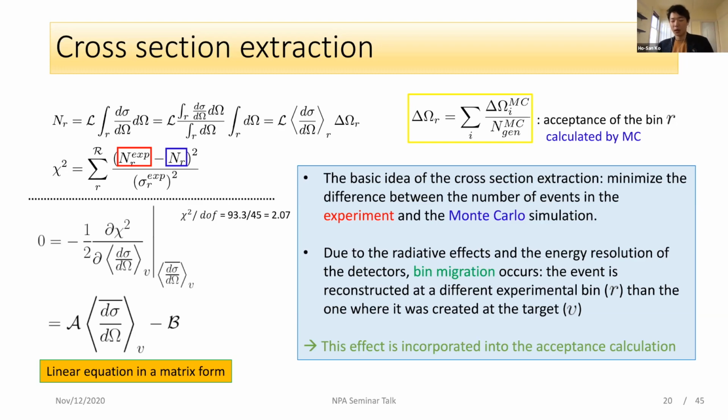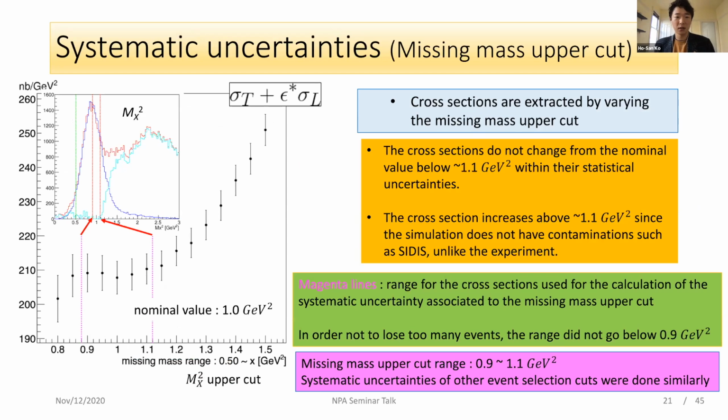Before we go to the cross-section results, this is the way I calculate the systematic uncertainties. This is the case for the missing mass upper cut, shown here. By fixing all other event selection cuts and just changing the missing mass upper cut range, I can see the change in the cross-section results.